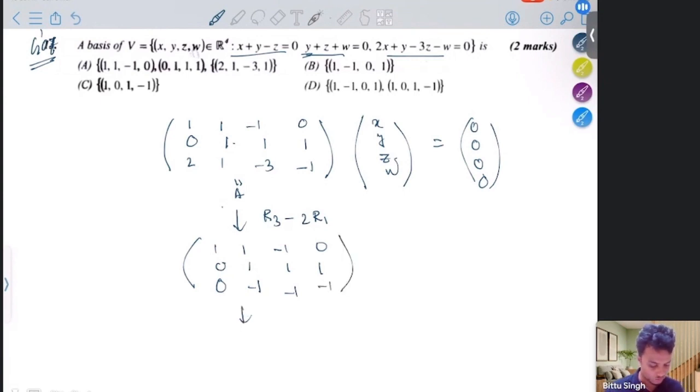Now R3 plus R1, if we do this, we get 1 1 minus 1 0, 0 1 1 1, and the last row becomes 0.